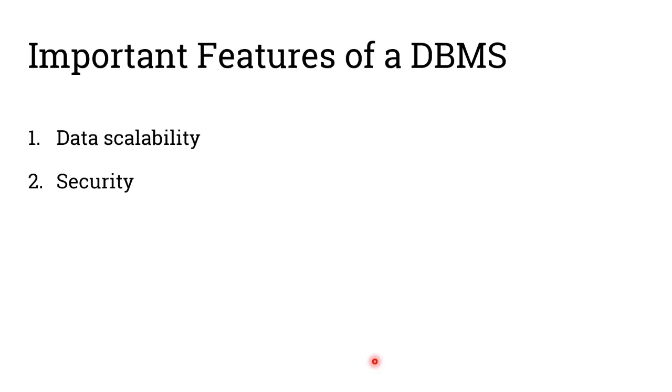Security. Let's say you have multiple roles in an organization. A CEO will obviously need much more access to multiple aspects of that data. They might need access to different views of that data as well, right? But a new intern who just joined might need access to only some aspects of data.